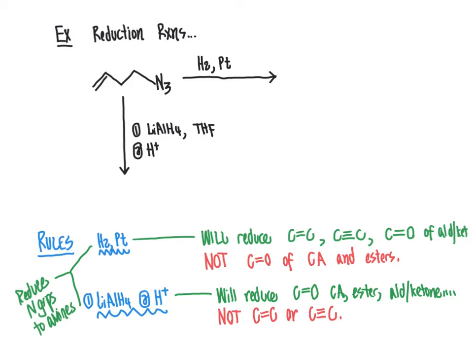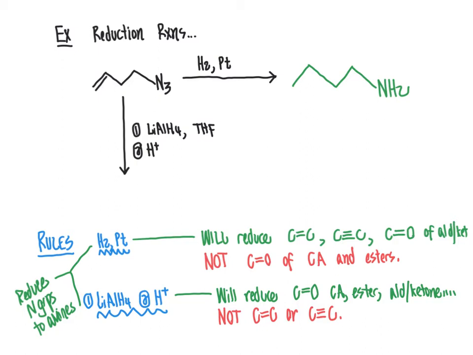And so hence, the product of this reaction will correspond to converting that alkene into an alkane, hence reducing the alkene to an alkane since the reduction corresponds to bringing in additional hydrogen atoms. And also that azide group, N3, will be reduced to an NH2 group. And the other two nitrogen atoms from the azide would go away as essentially leaving groups during the course of the reaction. They are not going to be part of the major organic product.